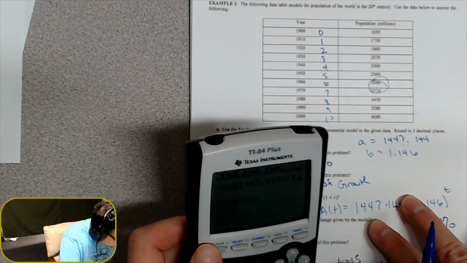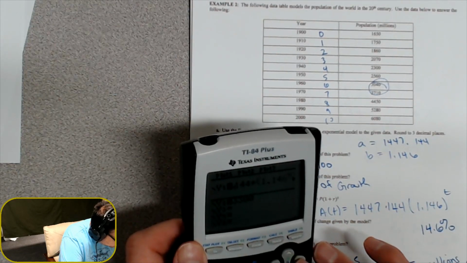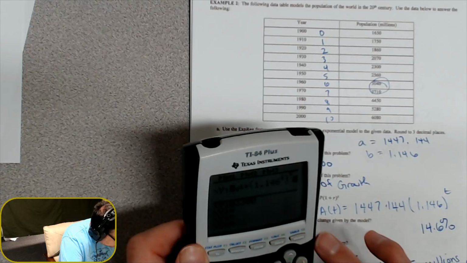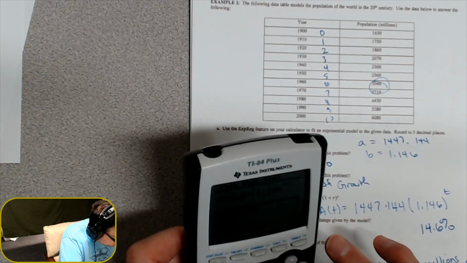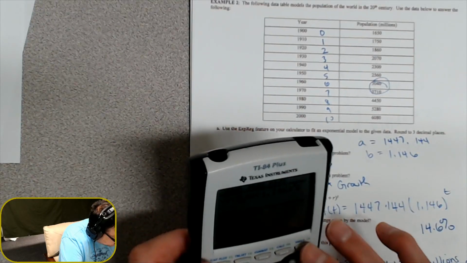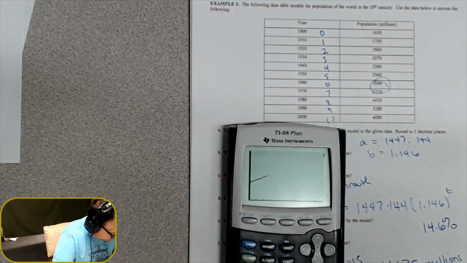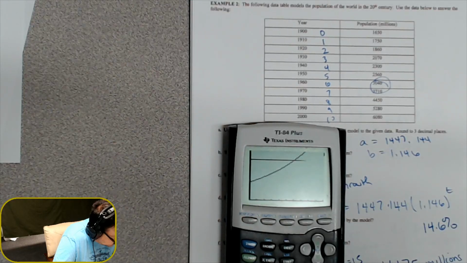Did I enter my equation wrong again? I thought I entered 1.146 to the x. I did it again. Delete, delete. Okay, that's better. Let's try it again. There's the exponential growth. There's the horizontal line.